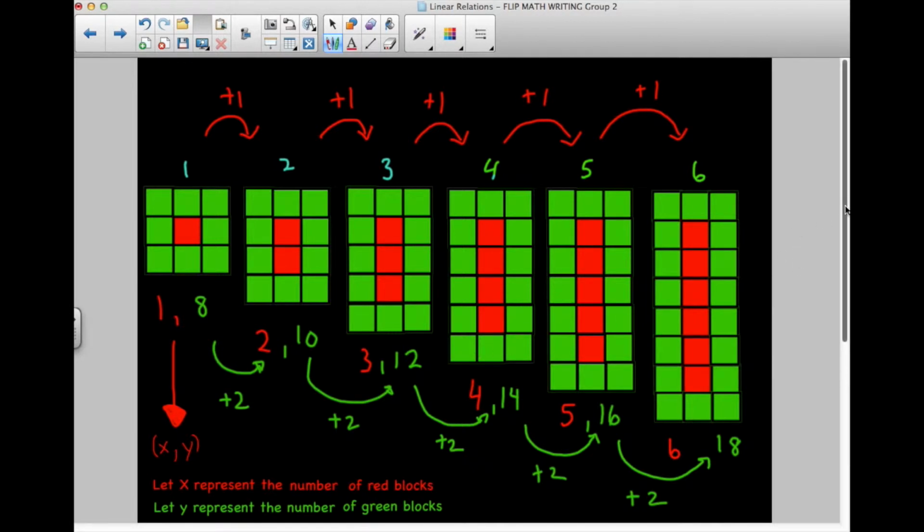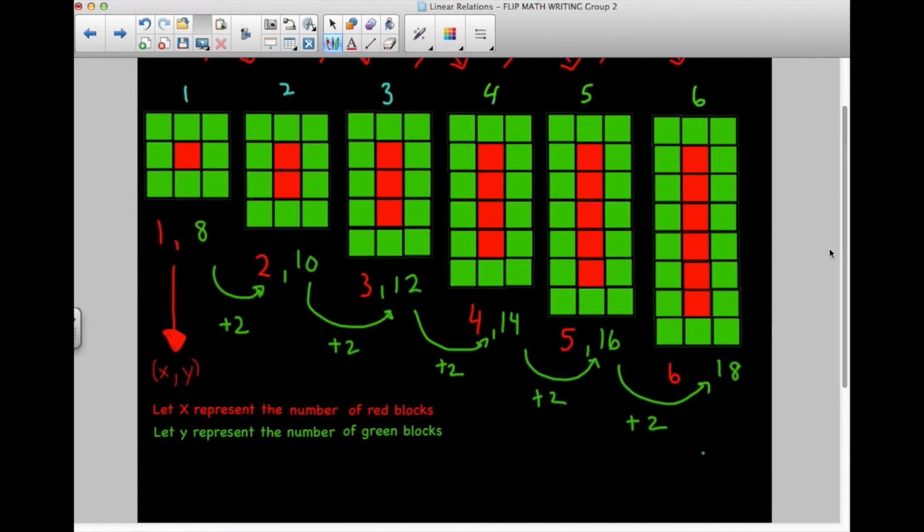To be able to write this as a set of ordered pairs, we declared some variables, x and y. We let x represent the number of red blocks and y represent the number of green blocks. This allowed us to express each pattern in the sequence as a set of ordered pairs.